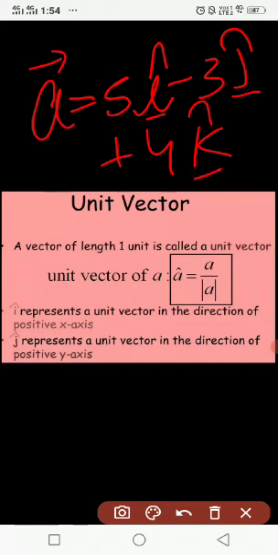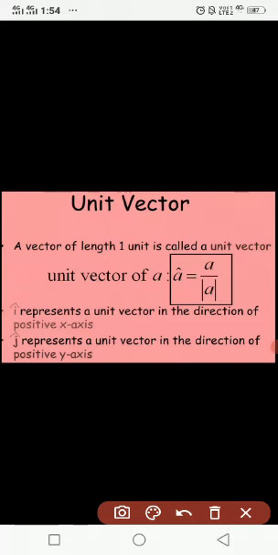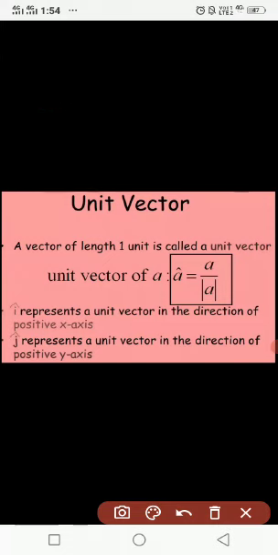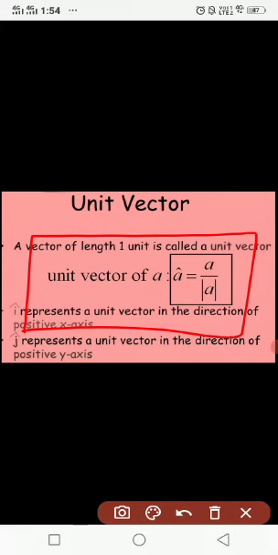It may happen that if it is only two dimensions, then you will get only I and J. And if it is three dimensional, then you will get I, J as well as K. So once again, I, J and K are the unit vectors along the x-axis, y-axis and z-axis. And this is the formula to get the unit vector.